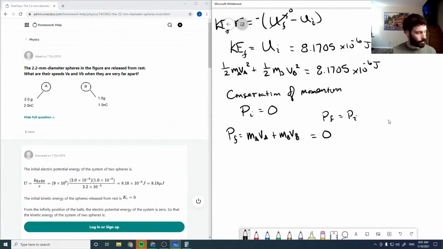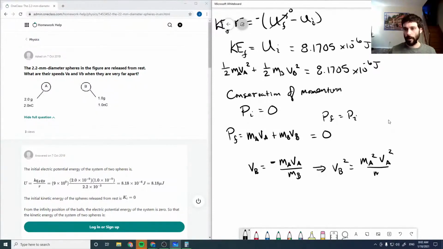And so we can solve for vB by saying that vB is minus mA vA over mB. Or for use in our kinetic energy expression, we can say that vB squared is mA squared vA squared over mB squared.